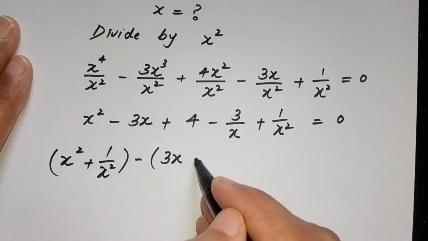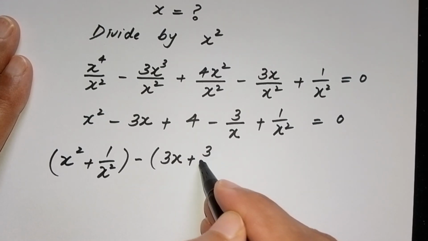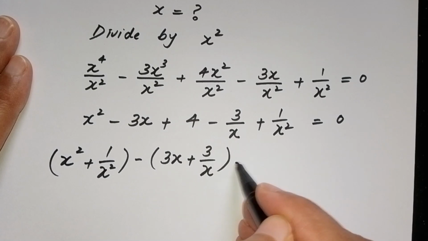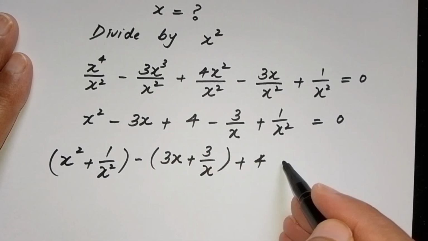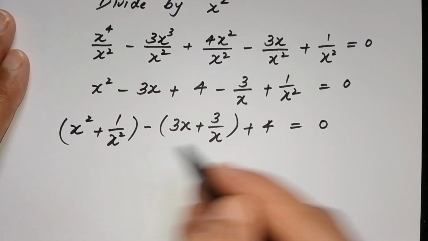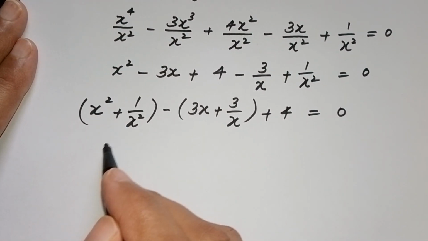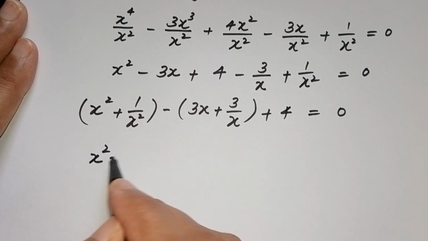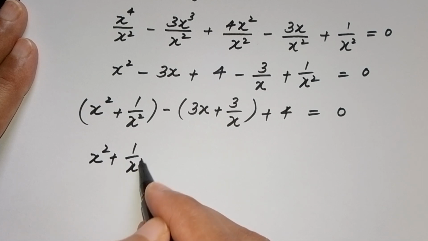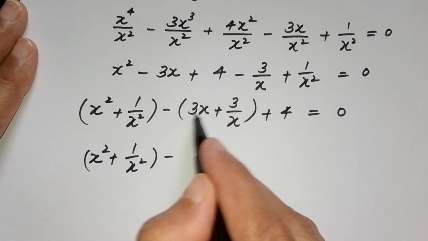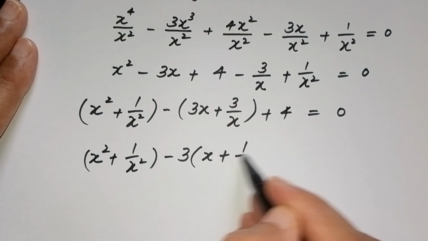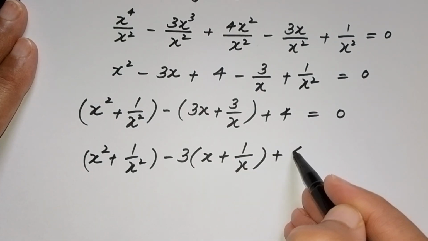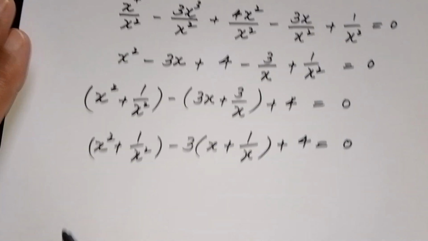This minus will give plus, and here we have only 4, equal to 0. So in the next step, we will write it as x^2 plus 1 over x^2, minus 3 will be common, we have x plus 1 over x, plus 4 is equal to 0.